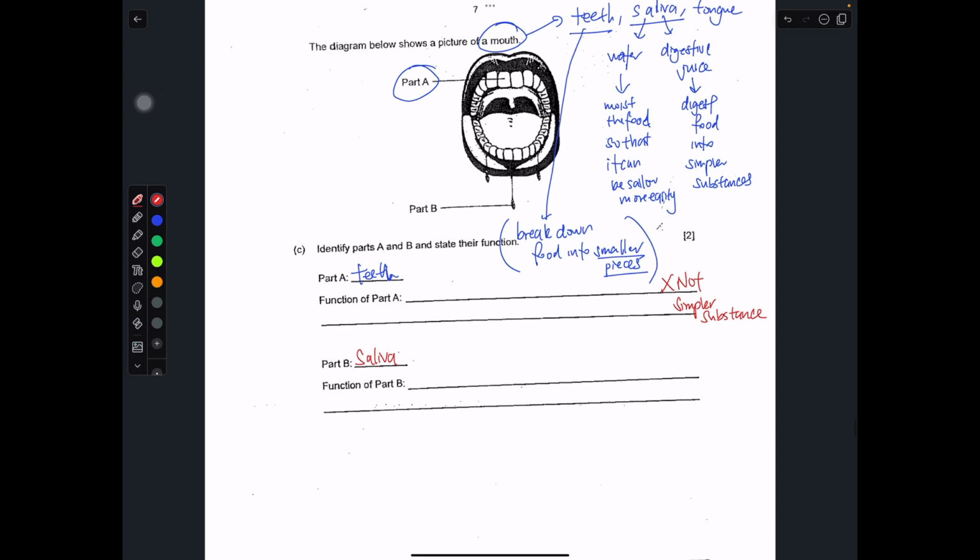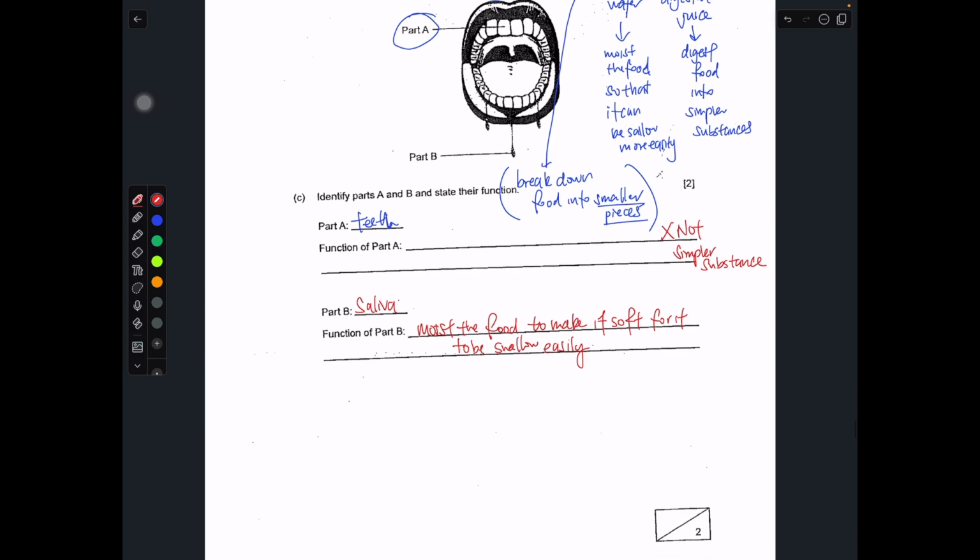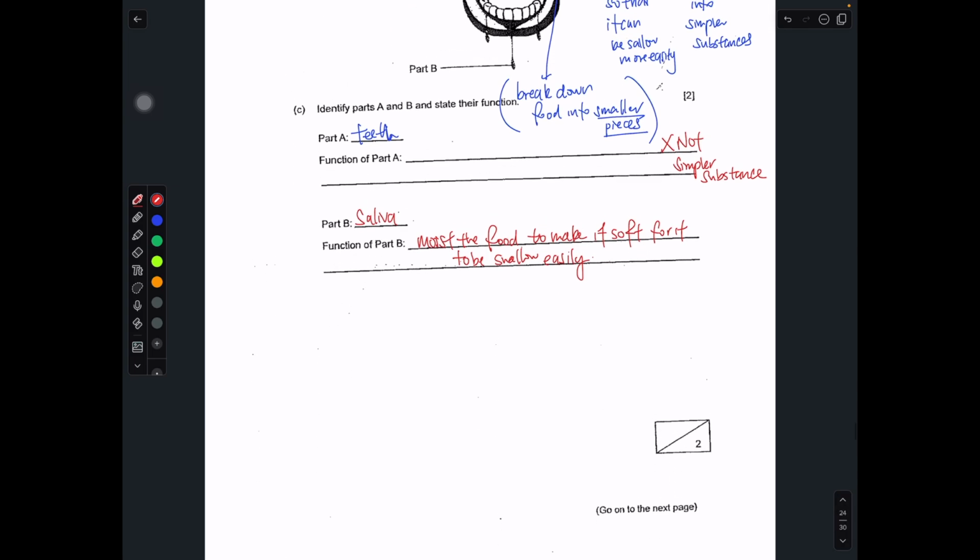Okay, is to moisten food so that it can be swallowed more easily. Moisten the food to make it soft for it to be swallowed easily. So this could be one part.